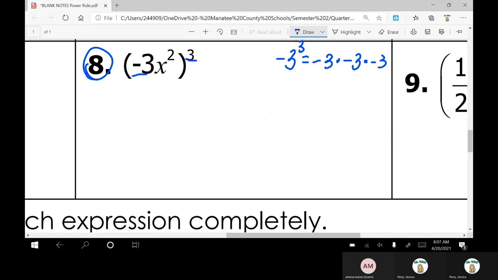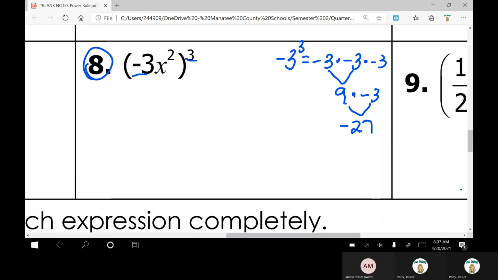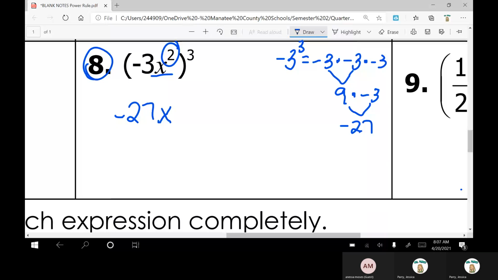You can first do -3 times -3 is +9, and then bring down the times -3, and then multiply 9 times -3, and then we get -27. Okay, so there's my -27. And then go on to my variable x, and then multiply 2 times 3 is 6. And then that is it.